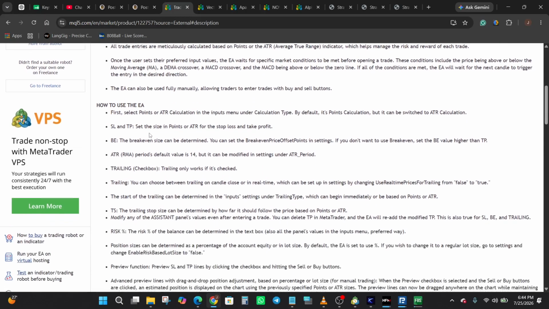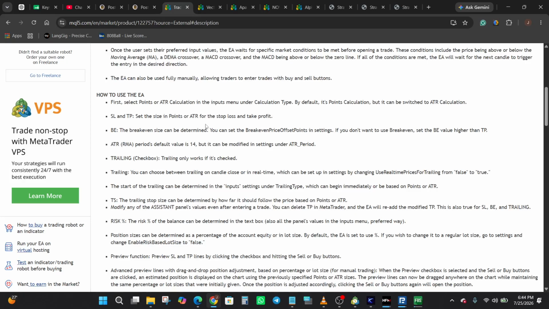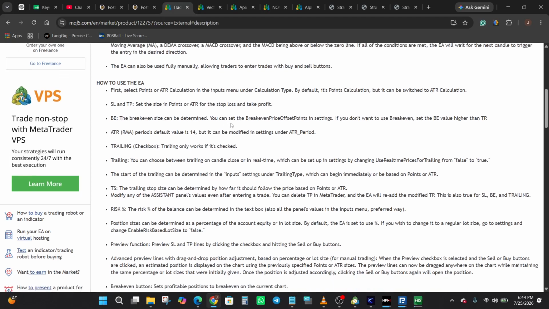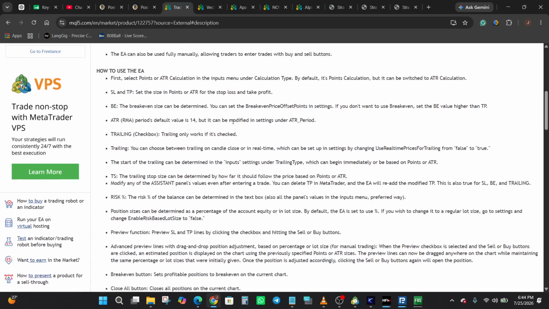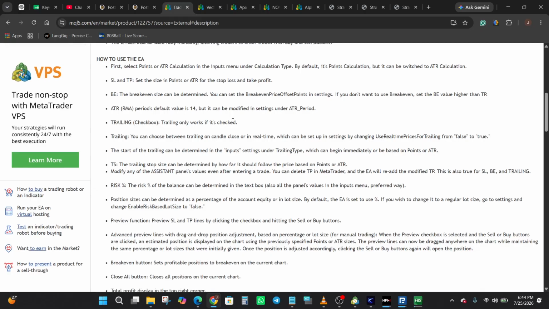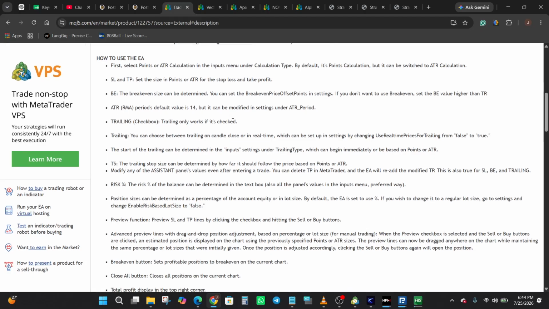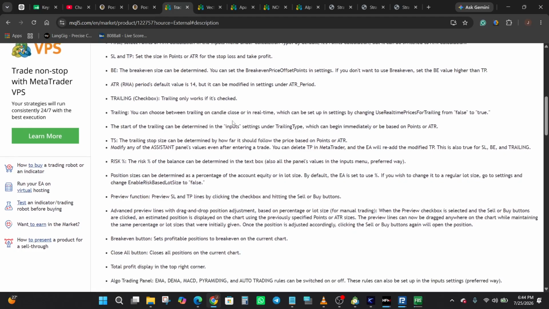There is a genuinely large set of controls here. Stop loss, take profit, break even, and trailing can all be set in points or ATR with an adjustable ATR period. Position sizing can be based on risk percentage of the account or a fixed lot size.